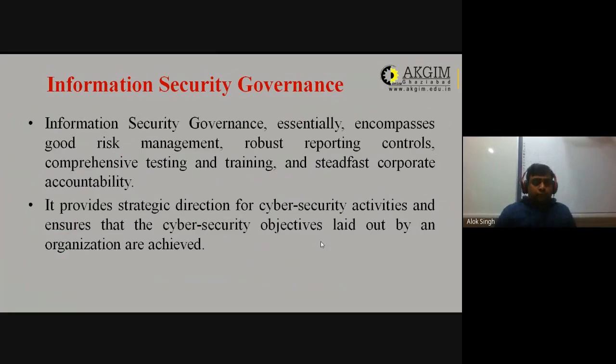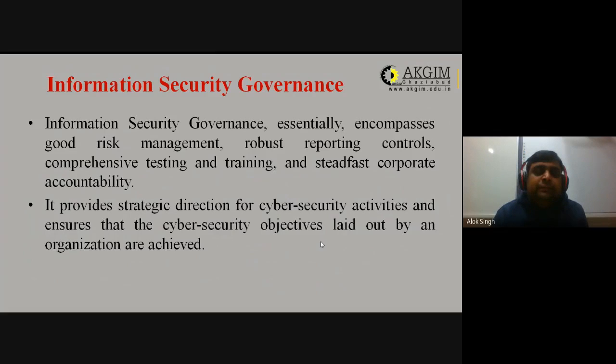Information security governance essentially encompasses good risk management, robust reporting controls, comprehensive testing and training, and steadfast corporate accountability. All of these come under the category of information security governance. You should have a good risk management strategy, and robust reporting control, meaning who will report to whom.